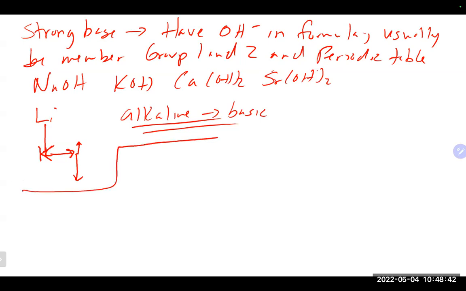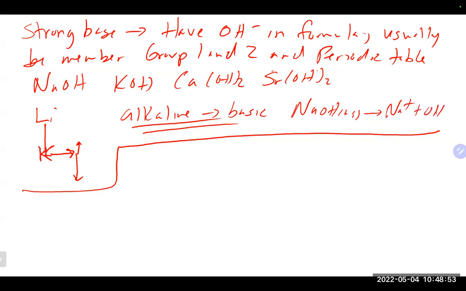Much like acids, strong bases will 100% break apart, which is why they are considered strong bases. So something like sodium hydroxide, when it goes for a swim there, is going to 100% produce the sodium and hydroxide ions.